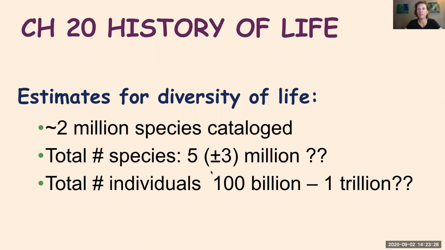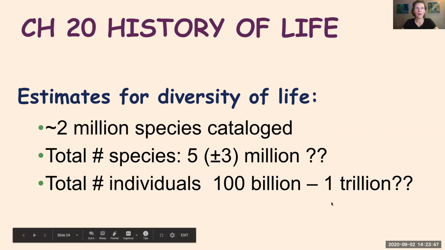And the total number of individuals, 100 billion to a trillion, that's going to be those multicellular organisms. If you start talking about bacteria, you've got over 1 trillion bacteria in your body. So a lot of diversity out there.